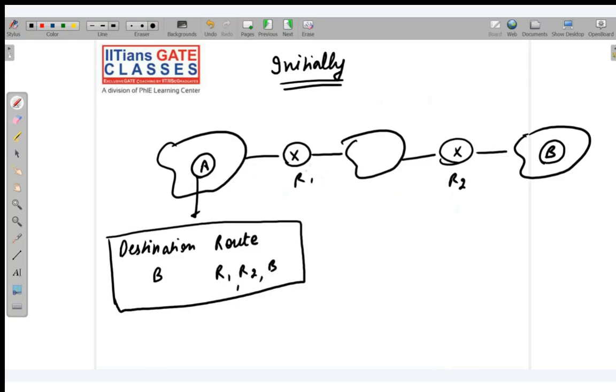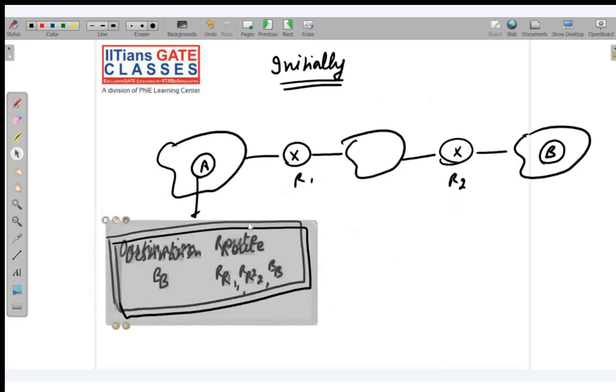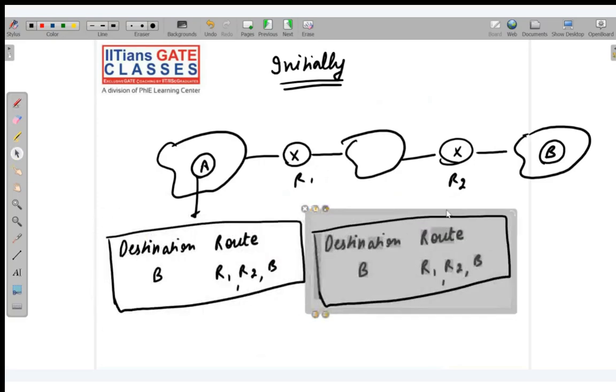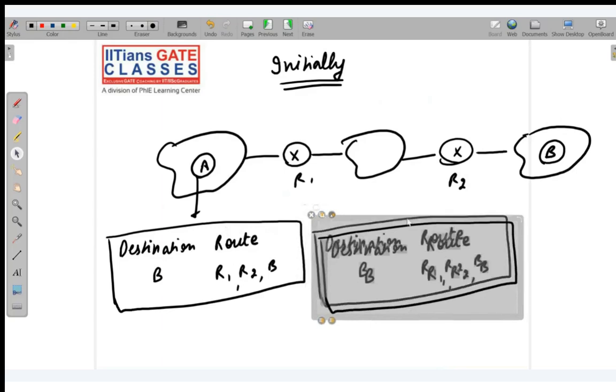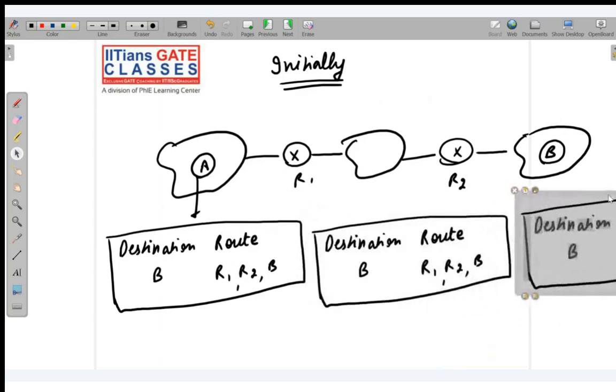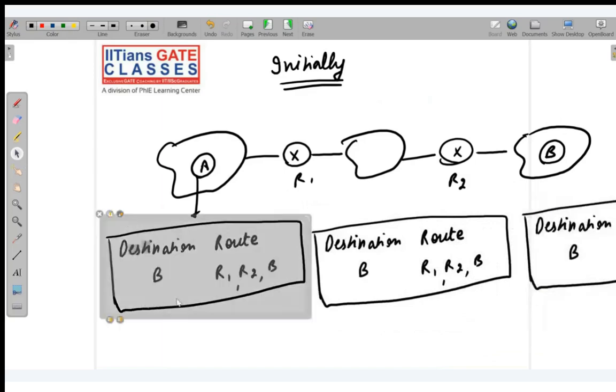Now, what about the routing table of R1? For the routing table of R1, I will copy paste it. Let me shorten it.